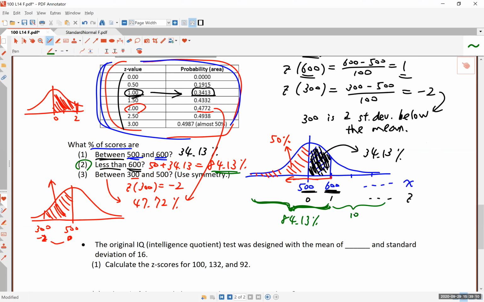This will be 15.87%. So only 15.87% of the students who took the SAT test with him or her are above this, right? And so that's going to put him into, you can say, the top 16%. So this student is a fairly good student, in the top 16% of his class.